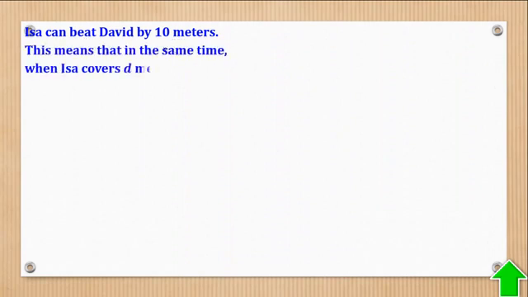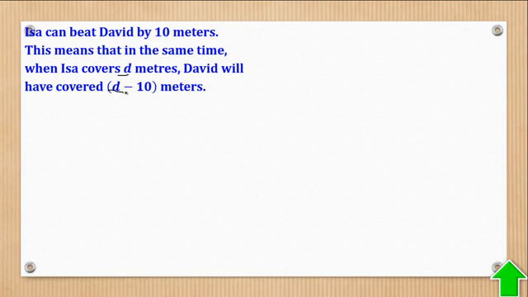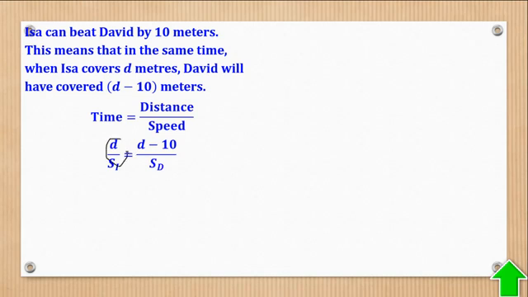So that means that in the same time, if Isa covers d meters, David will cover d minus 10. So we shall equate the times, time for Isa and time for David. So we now have two equations. That means that somewhere there should be simultaneous equations.